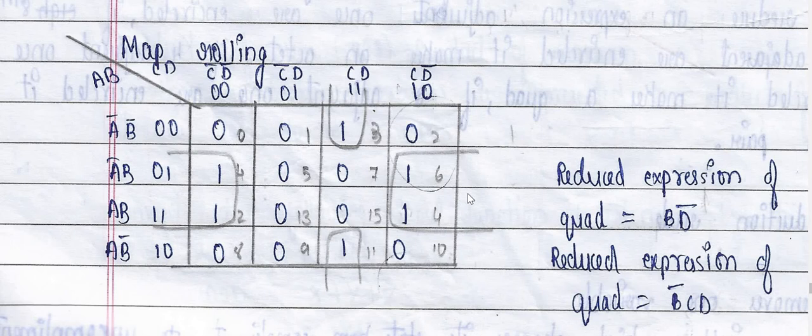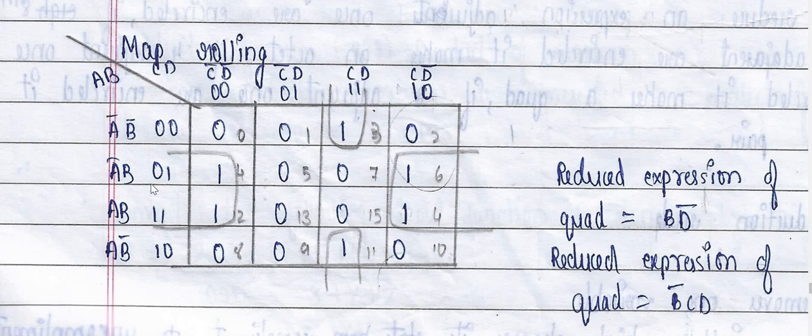By map rolling. Then first we can consider the reduced expression of this quad. Consider the left side, A bar B, AB, and the top side, C bar D bar and C D bar. In the left side, which variable is changing? A bar is changing to A, so we can remove A. B will be there.